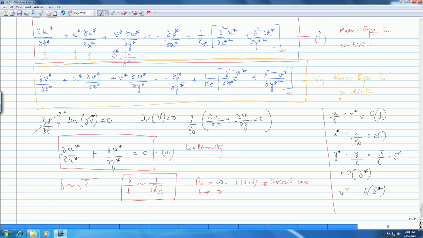Next, u star is 1 and x star is 1, so this is 1. V star is of order delta star, and y star is of the order delta star, so this is delta star squared.